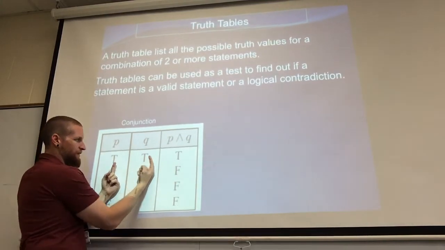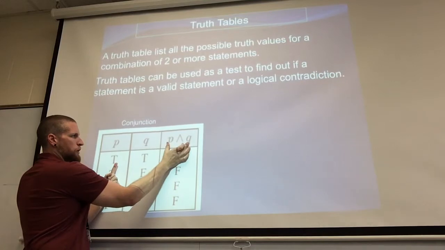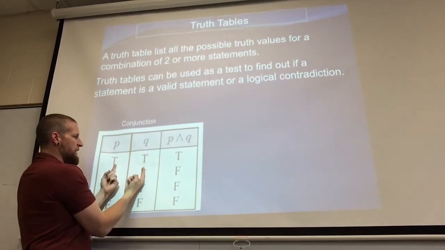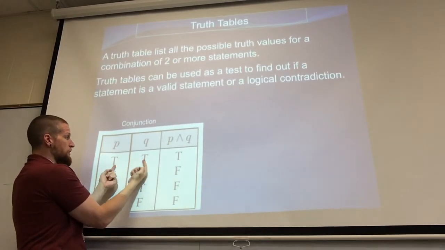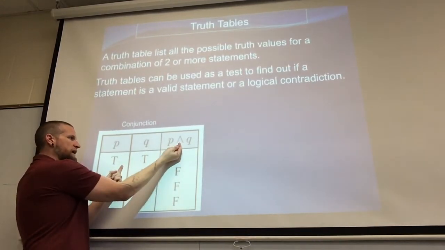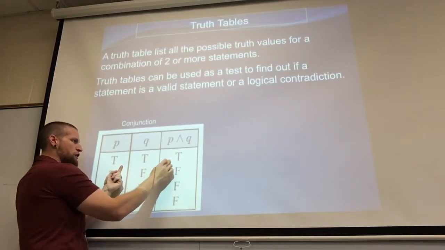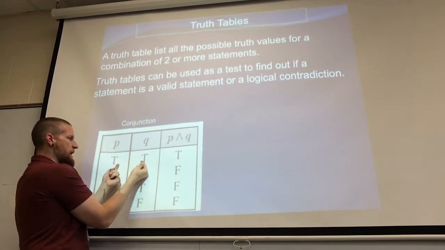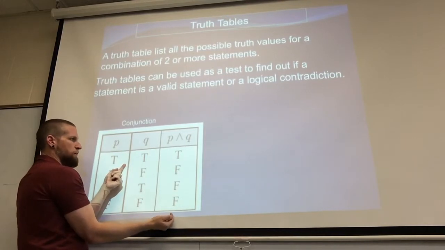The way you fill these out is you go to the columns on either side of that symbol and go down the columns, comparing the values next to each other. The values here are either T or F. For you to get a result value of T over here, these have to both be T. Anything else, if you see an F, will result in a false outcome.